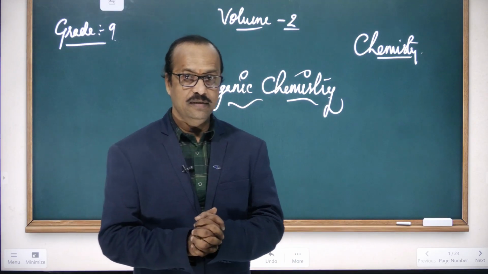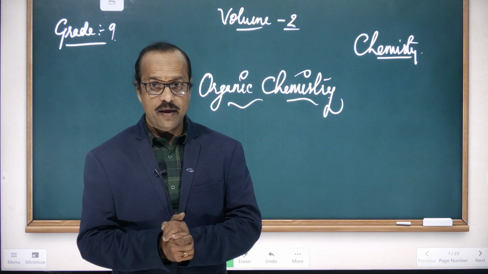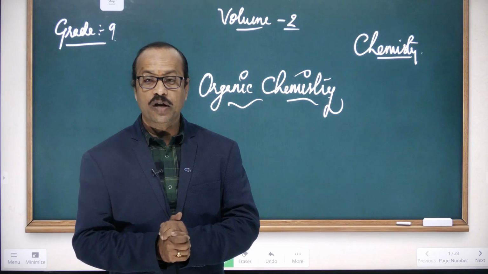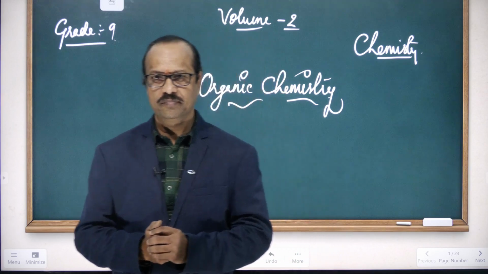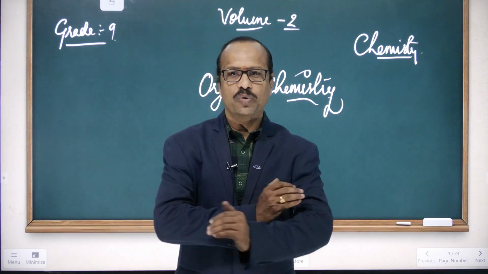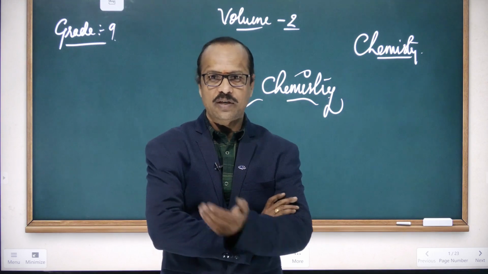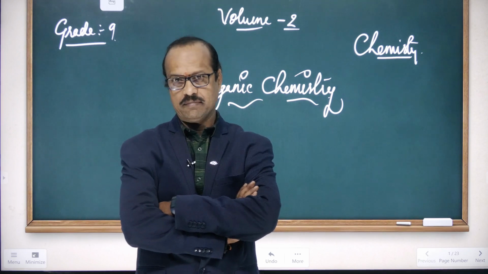So students, of course it is difficult. Why? Because in organic chemistry, we are going to discuss so many compounds, right? As of today, more than 5 million compounds of carbon, which are considered organic compounds, exist.